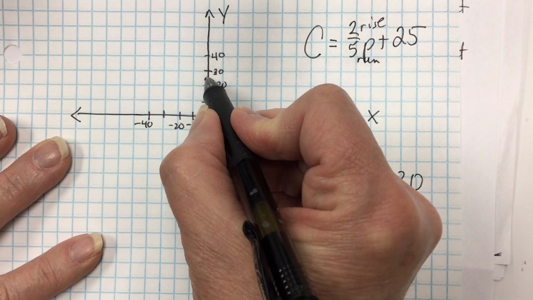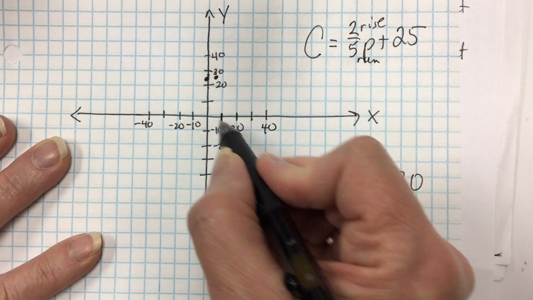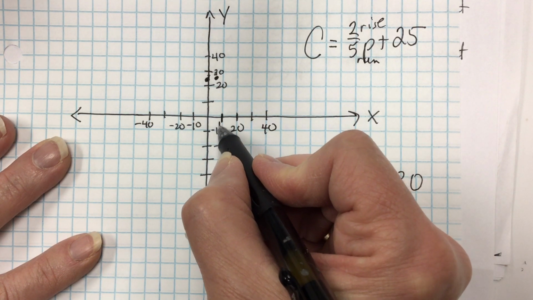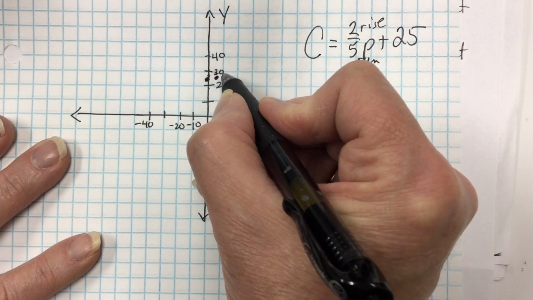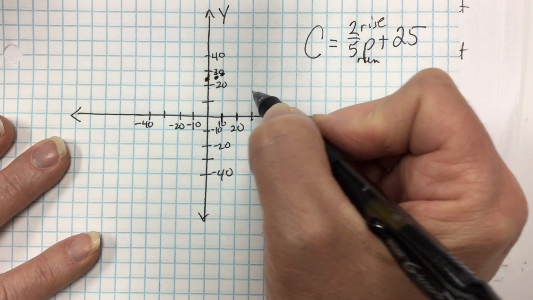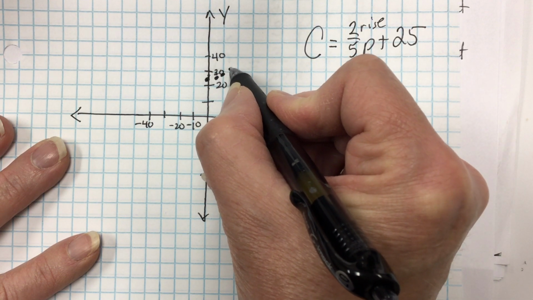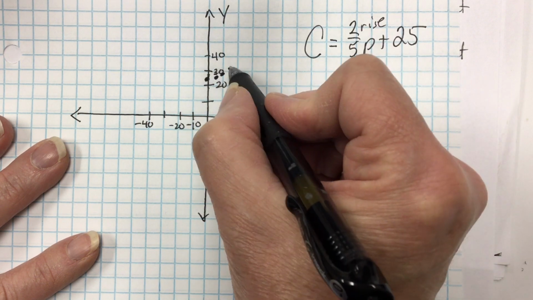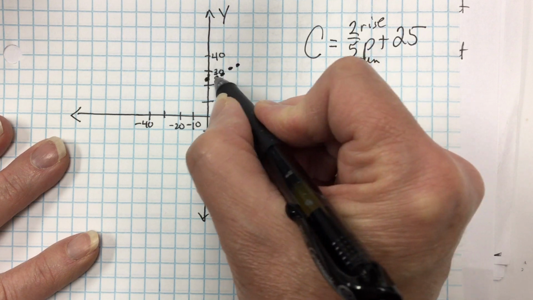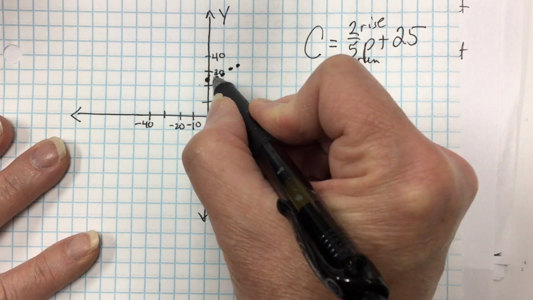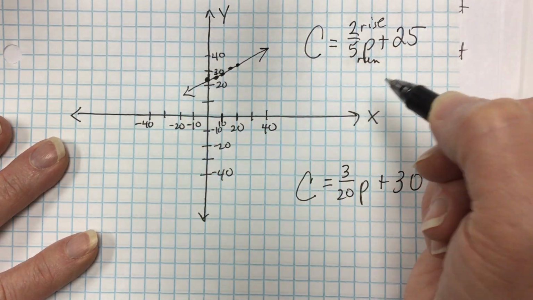So let's rise 2, 1, 2, and run 5. Now 5 would be halfway in between 0 and 10. There's my 10. Let's rise 2 again, run 5, would be about right there. Rise 2 again and run 5, about right there. And do it again, about right there. So there we have our line of package A.